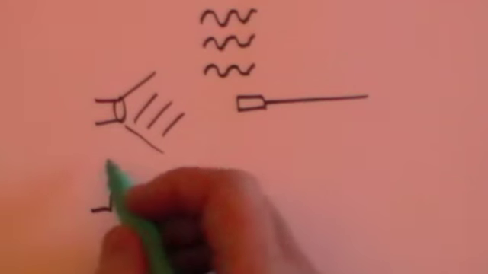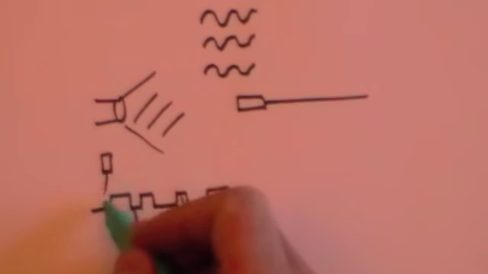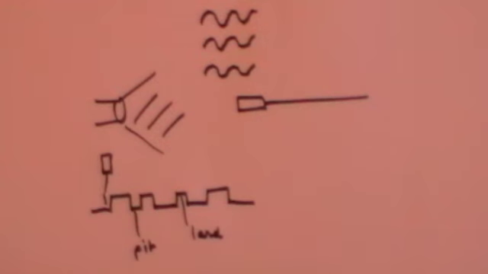And what the laser is doing is pointing downwards, sending a beam of light down and up again, and timing how long it takes to go down and up again, so is able to determine whether it's fallen into a pit or into a land, and it interprets that information into sound, digitized sound signals, which are then converted into the audio signals which are sent to a speaker, which you then hear.